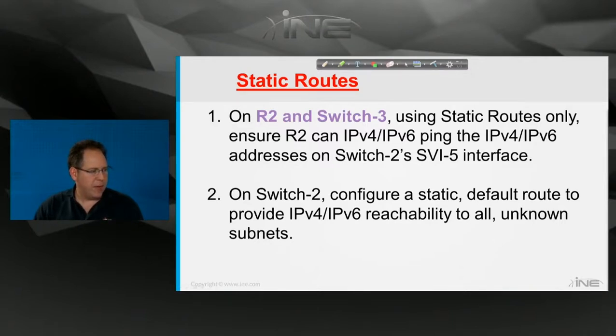And those pings will only work if we also do objective number 2 as well, because switch 2 has to have a return path to reply to those pings. In this particular case on switch 2, we're just going to configure a static default route to give him reachability to all unknown subnets.